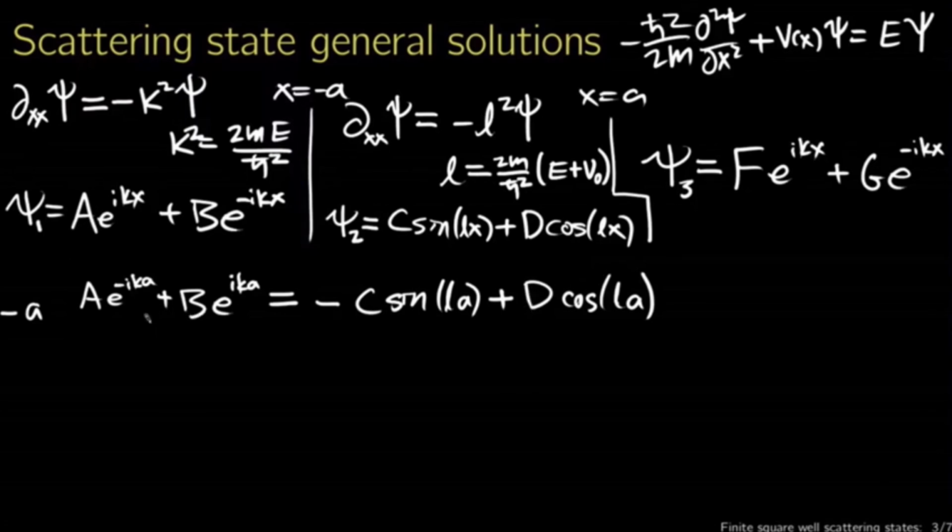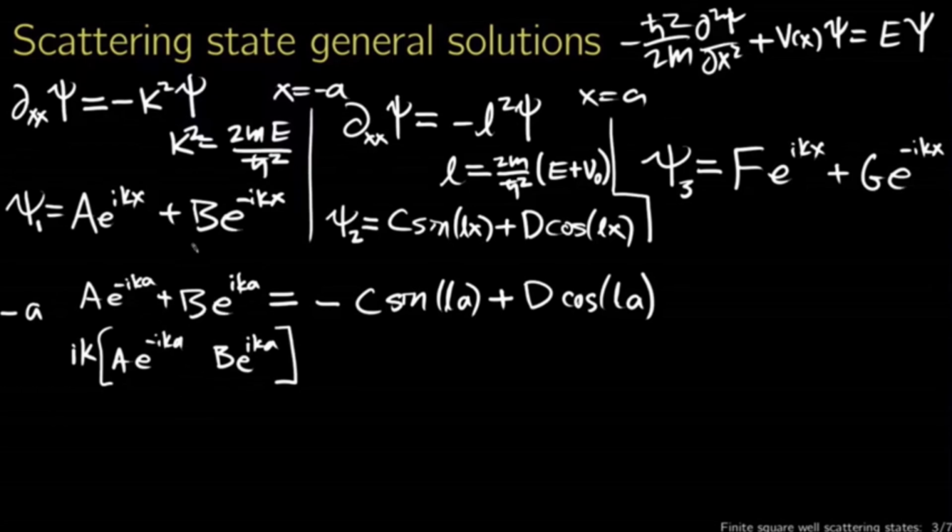We have another boundary condition for the first derivative of psi, and you can write that down more or less just as easily by noting that in either of these cases, taking the first derivative with respect to x is going to bring down an ik. So we'll end up with ik times the quantity a e to the minus i ka plus b e to the i ka, and I've screwed up the minus signs already.